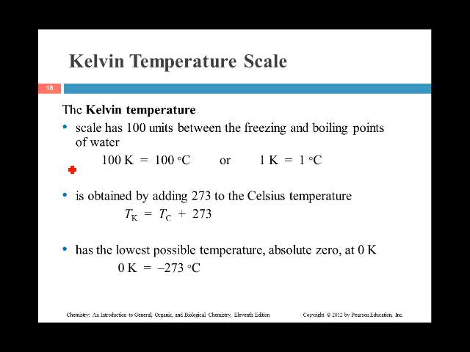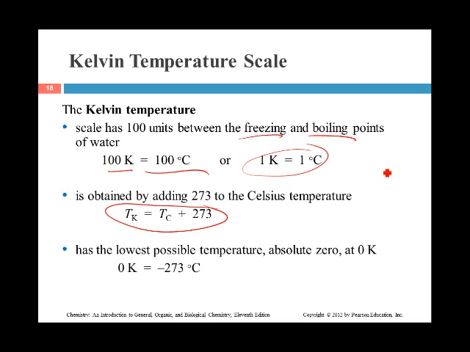Finally, the temperature scale for Kelvin is actually a little bit easier than Fahrenheit. Because the Celsius and the Kelvin scales change at the same points, for instance, the difference between freezing and boiling is 100 degrees Kelvin and 100 degrees Celsius. It's a 1-to-1 ratio. Because of that, it makes the calculations really easy.